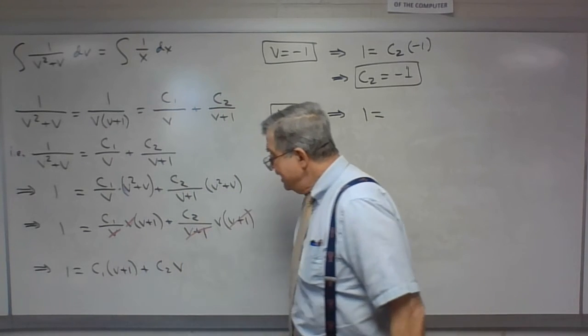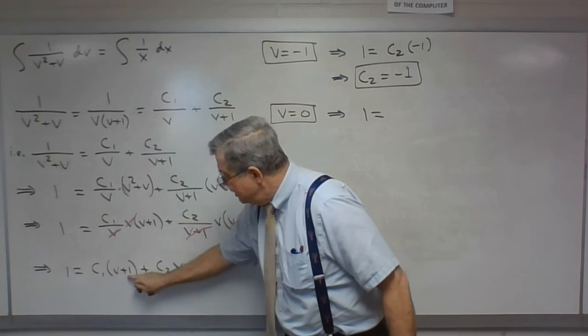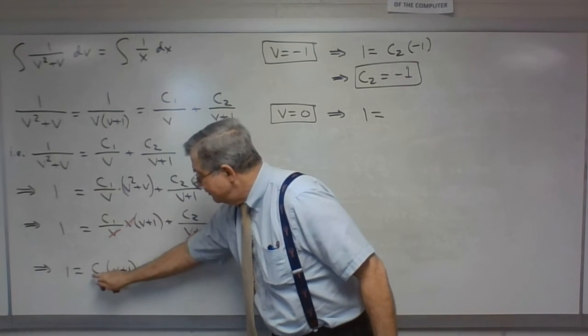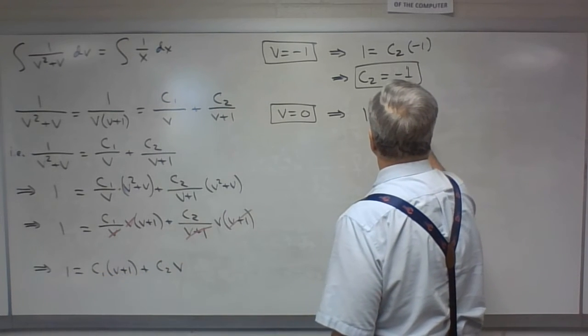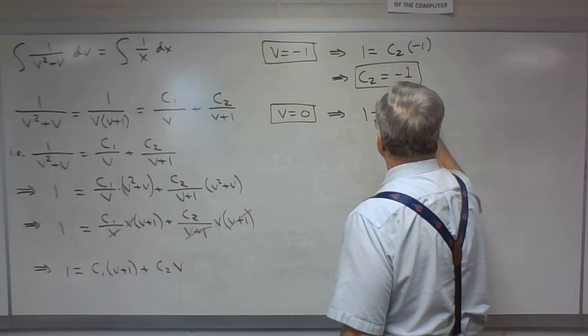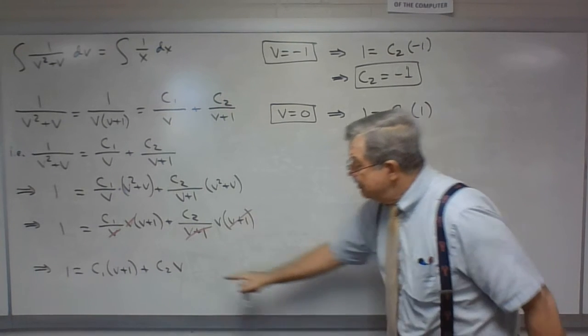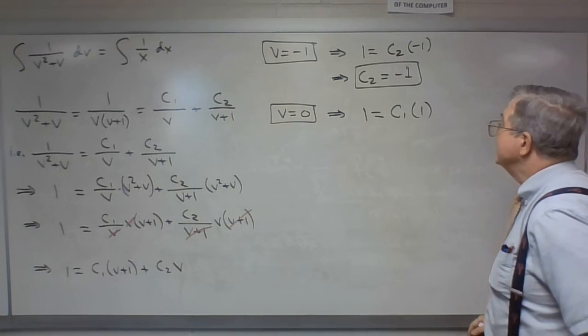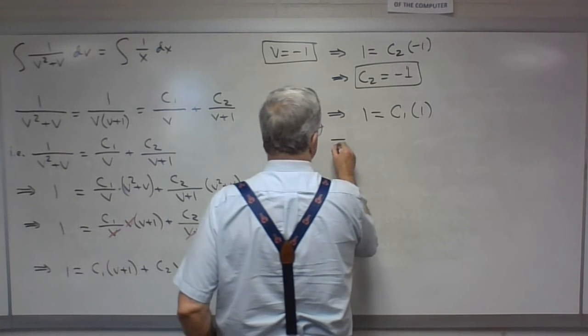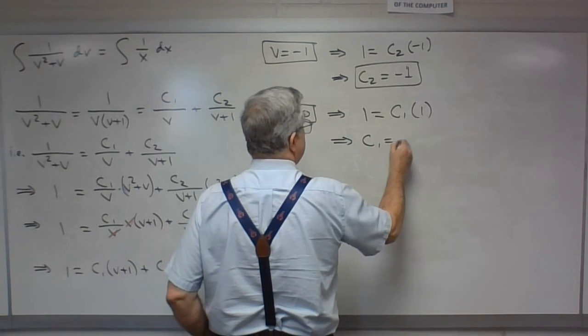And on the left-hand side, I have 0 plus 1 is 1. So that's C1 times 1 plus 0. And that gives me C1 equals 1.